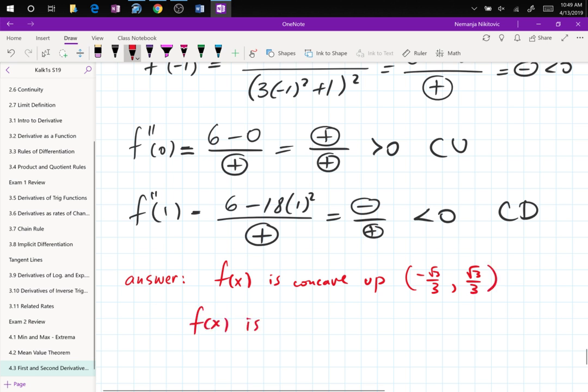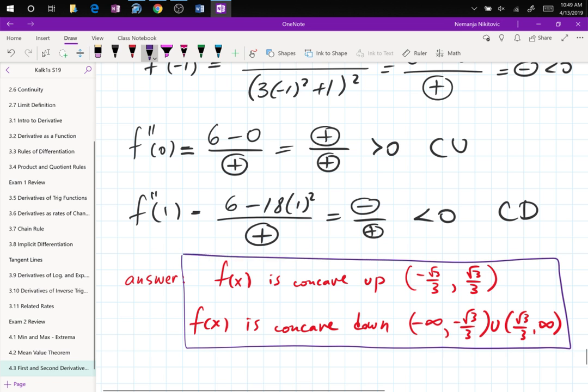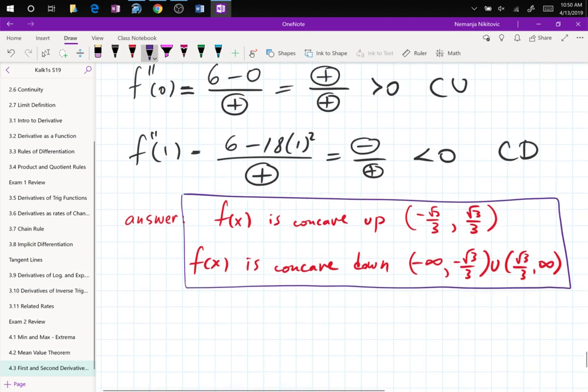F of x is concave down from -infinity to -√3 over 3, union √3 over 3 to +infinity. And you box it. So this is what we have for our answer. We are giving the x intervals, x1 to x2. I said a and b, right? So we are giving x intervals to get the value.